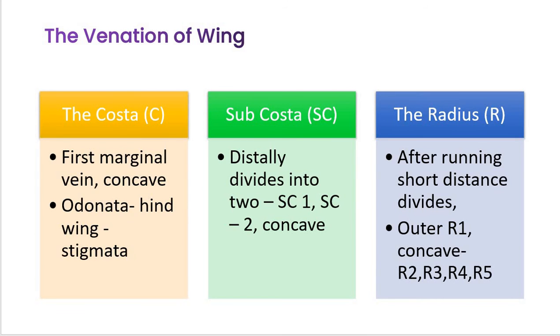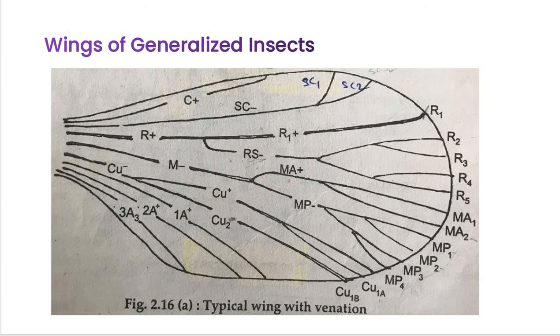So again, you can focus in the diagram on the costa, which is the first vein of the wing, the marginal vein, the convex vein. Then the second vein is the subcosta. Subcosta is distally divided into 2 branches, the outer and inner branches, usually designated as subcosta 1 and subcosta 2 respectively.